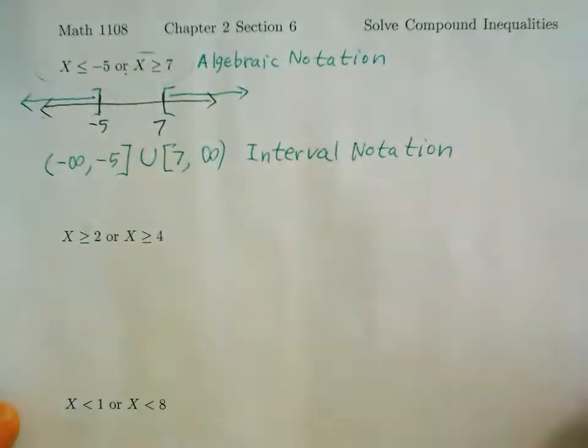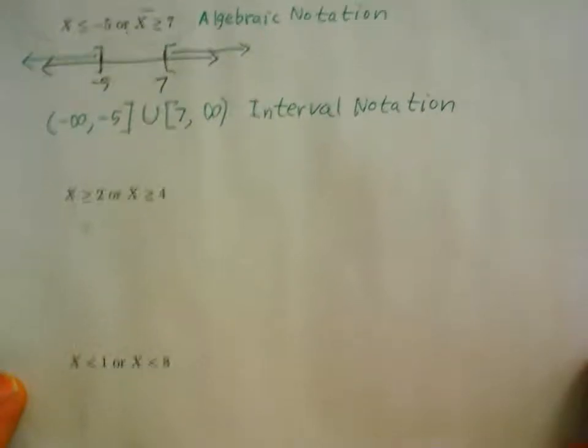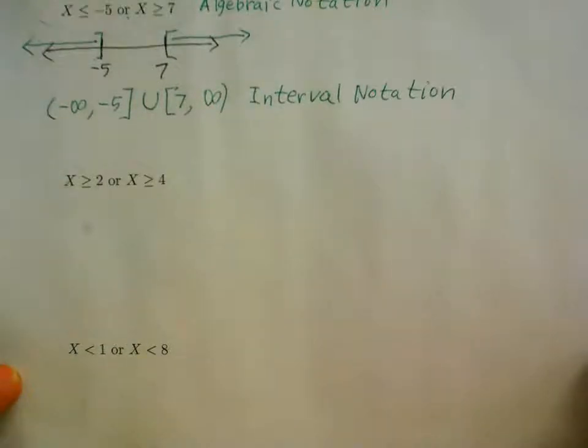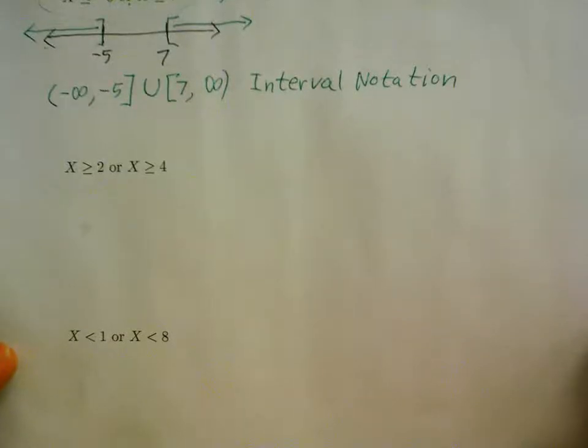Okay, let's consider the next one. x is greater than or equal to 2, or x is greater than or equal to 4. So, how do we simplify this?